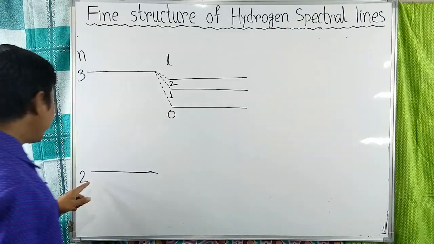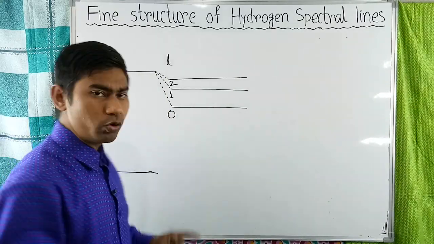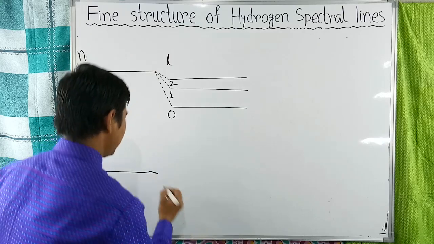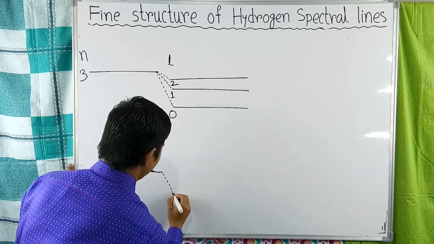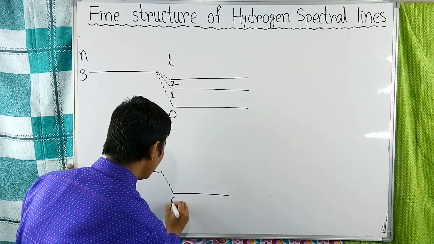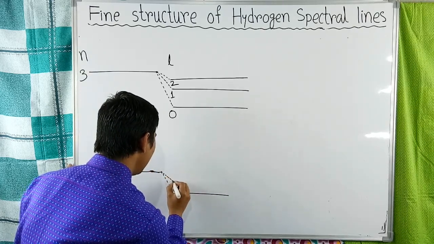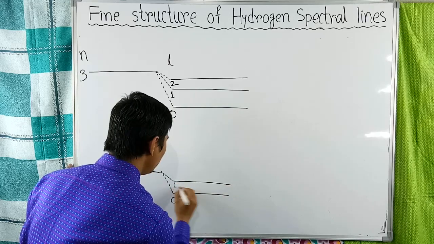Similarly, for n equals 2, L has 2 values, 0 and 1. This is the L equals 0 level and this is the L equals 1 level.